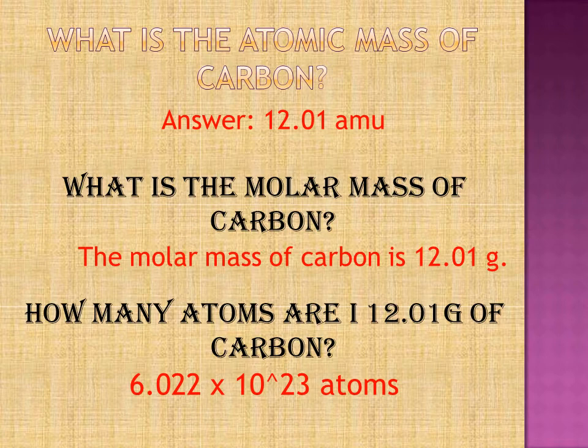It is the mass of 1 mole of a monoatomic element, as we discussed in the first or second slide. For example, for helium, the mass of 1 mole of helium atoms is 4 grams, because the atomic mass of helium is 4.